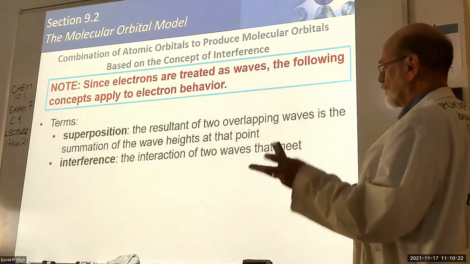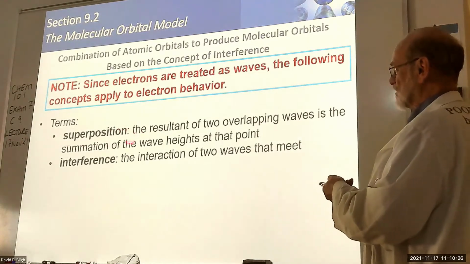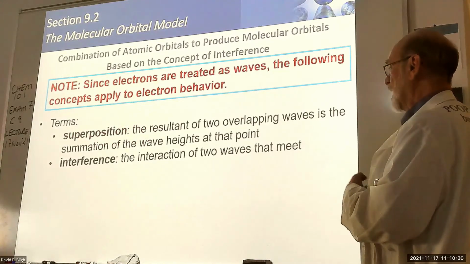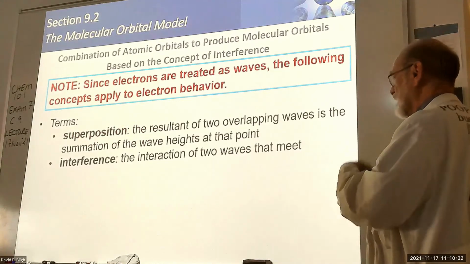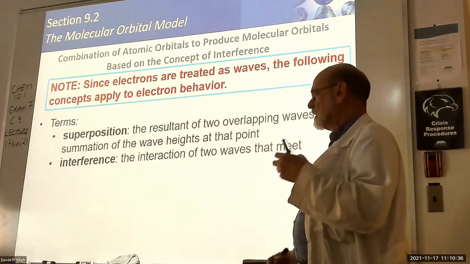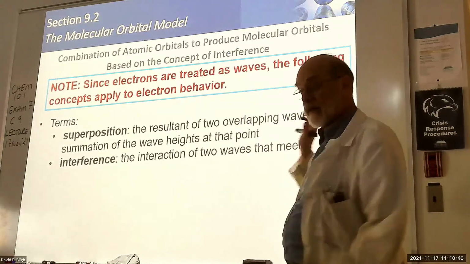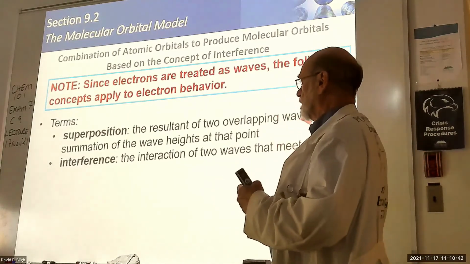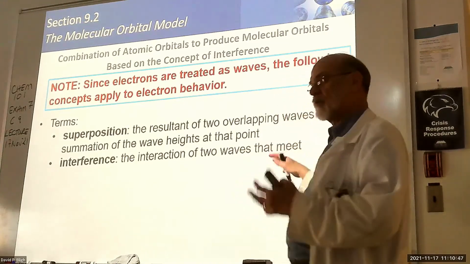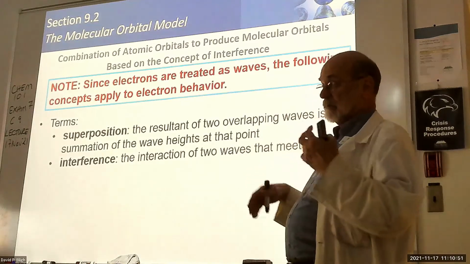Okay, so for some new terms, this superposition is a term that describes overlapping waves, which is simply the summation of their heights. Right? Now remember, that previous video is a sort of a model description of waves in 2 dimensions.